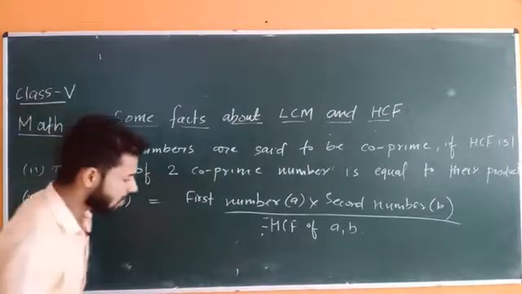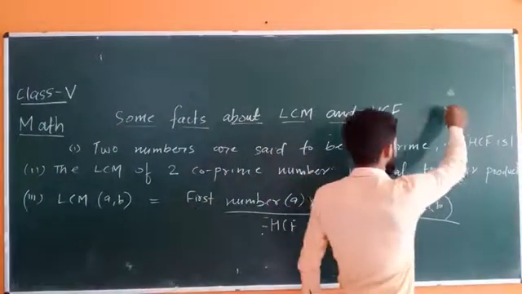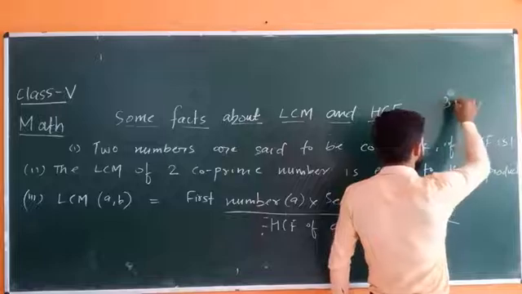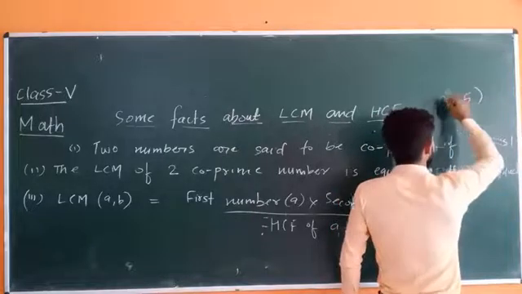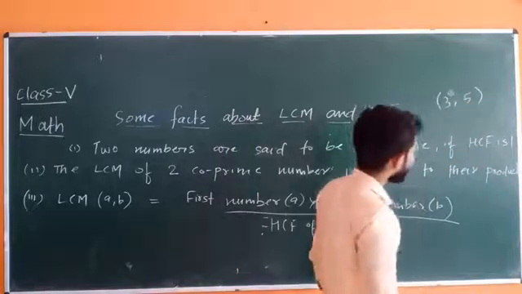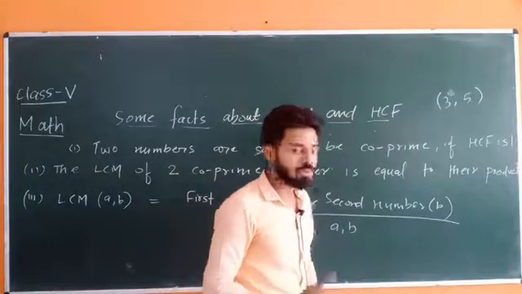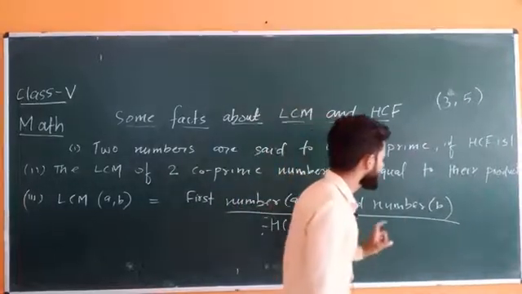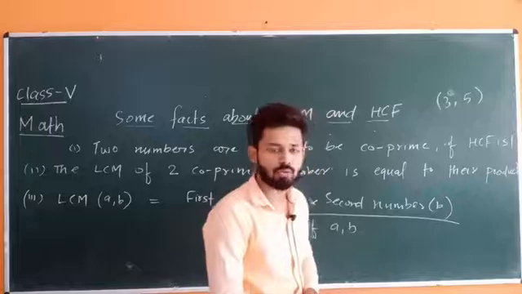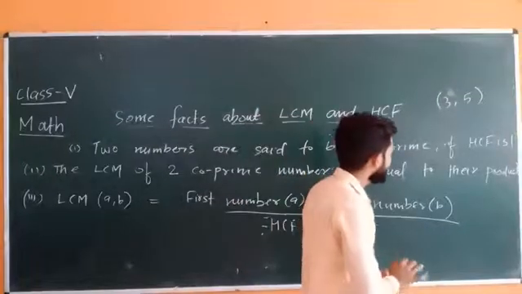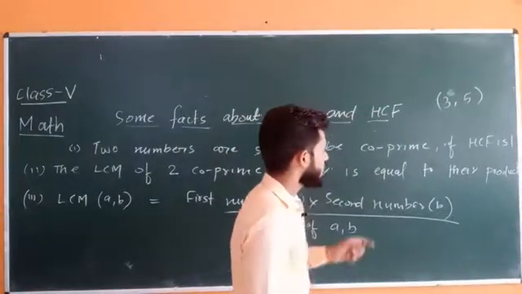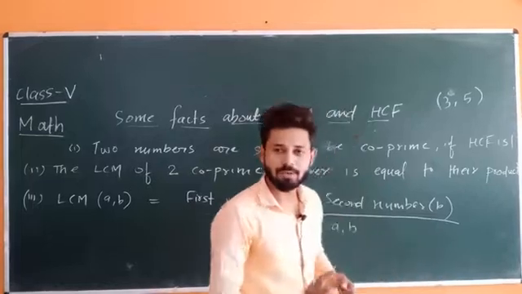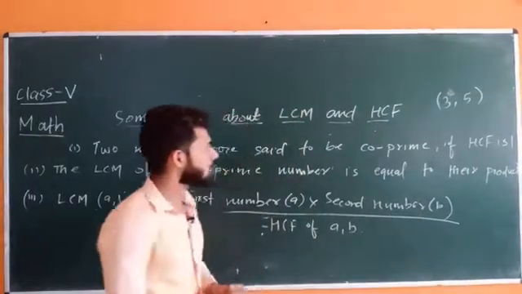So let's take an example to understand this, like 3 and 5. If I ask whether these numbers are co-prime or not, what you have to do is find the HCF between 3 and 5. By the shortcut method you can easily find the HCF of 3 and 5, which I already told you in my previous video.